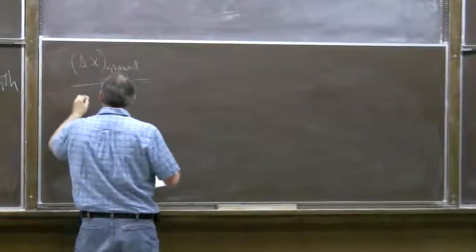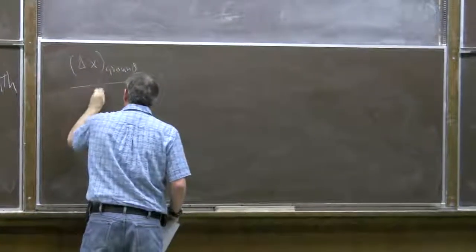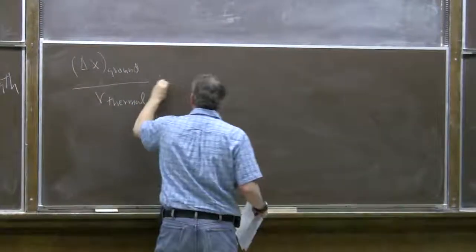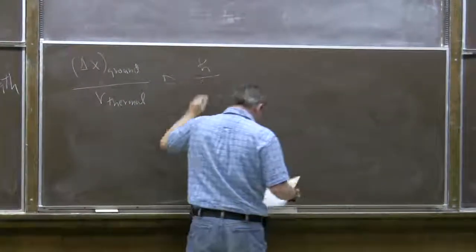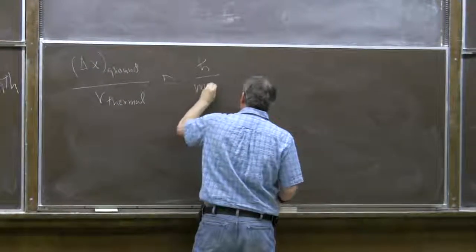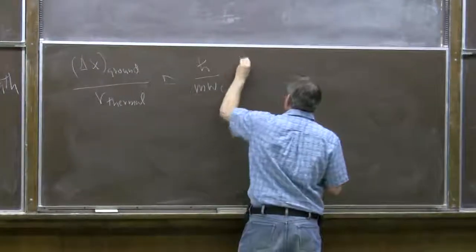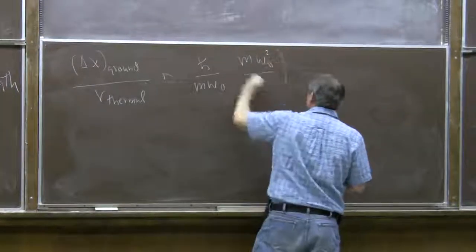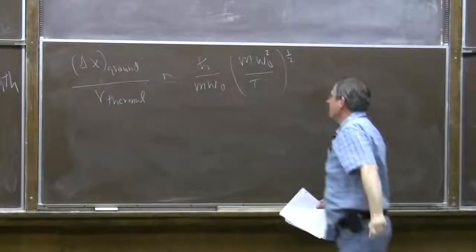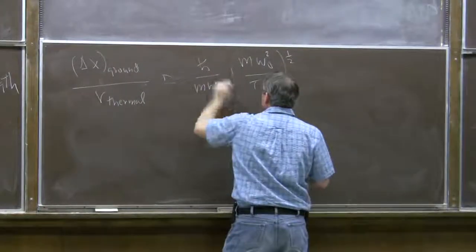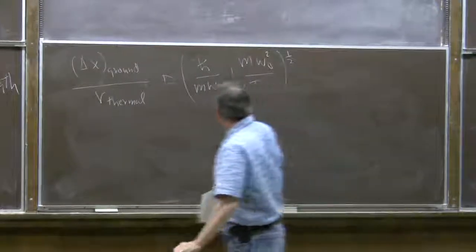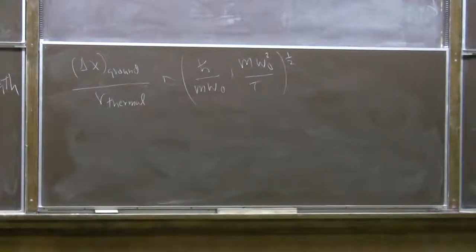divided by R thermal goes like h bar over m omega naught times m omega naught squared divided by the temperature. Sorry, the whole thing to the 1/2. This is delta x, and this is 1 over R thermal, because this was R thermal over here.